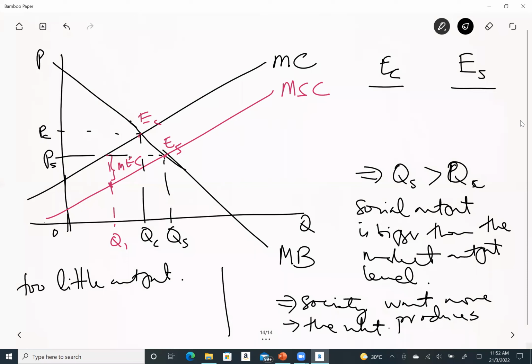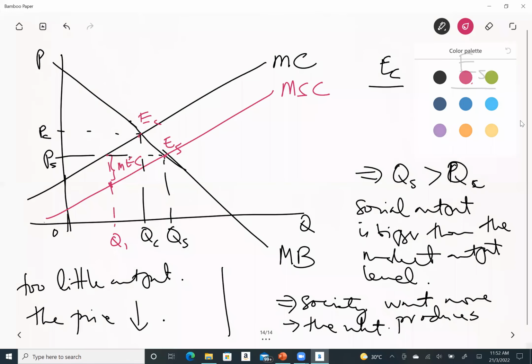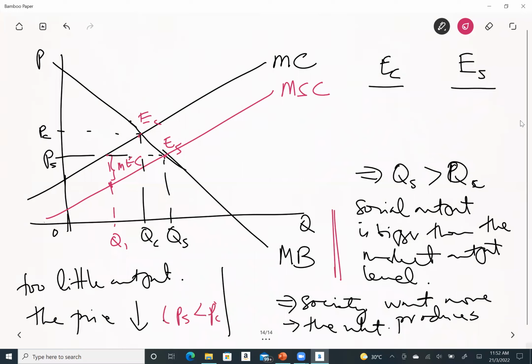And then you see the price. Because of the shift in the supply function, the price reduced. But the more important part is the output level. The price has gone down because PS is less than PC.